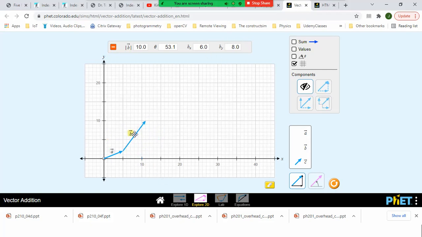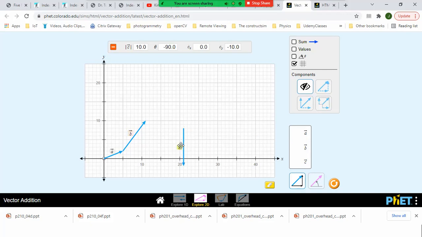We can take this and put it here. We can add 5 of A here and the 6, so that's going to be 11.